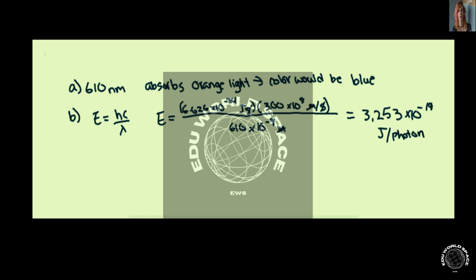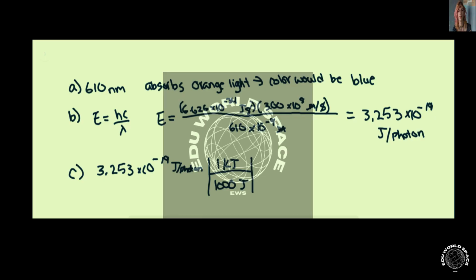Part C then asks us to determine the energy in kilojoules per mole. And so for part C, we take this value, 3.253 times 10 to the minus 19 joules per photon, and we multiply it first to get kilojoules, where 1 kilojoule is 1,000 joules.